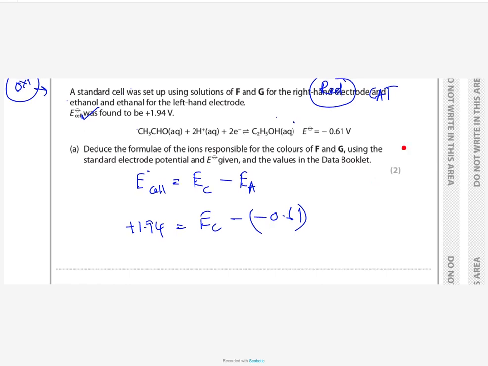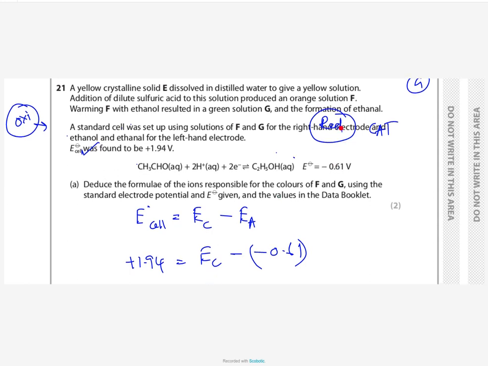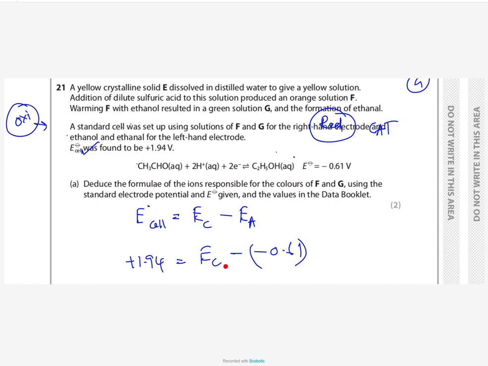Is this the cathode or the anode? I think I made a mistake here. Yes, this is the cathode, reduction occurs. So F to G is the right-hand electrode, ethanol to ethanal. This is what we have to use. It's the cathode, right? I made a mistake here. My E cathode is this value, minus 0.61 E anode.